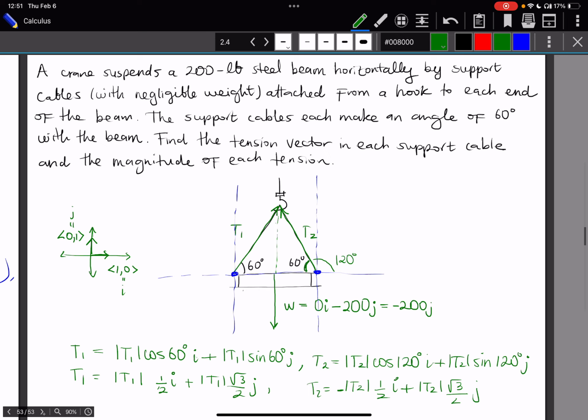And the total force corresponds to the addition of forces. So what we should have is that T1 added with T2 added with W equals the 0 vector, in other words, 0I plus 0J.